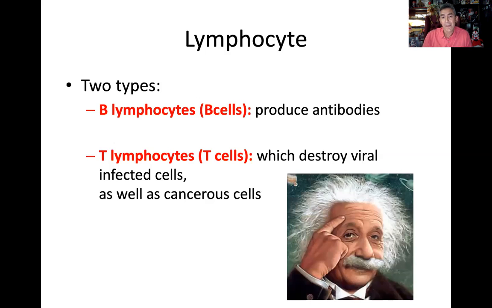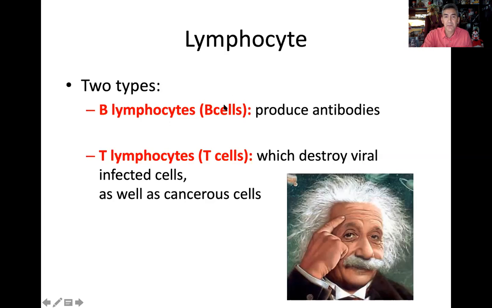So if you were produced in the bone marrow, you are considered a B cell, a B lymphocyte. If you were developed in the thymus, then you're considered a T cell. They're still lymphocytes, structurally similar, but they're going to have different training and different functionality later.